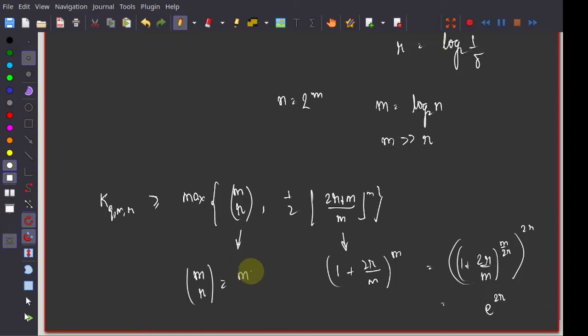Yeah, m choose m minus r, but m into m minus 1 up to 1 whole divided by r into r. Correct? As m tends to infinity, what happens?